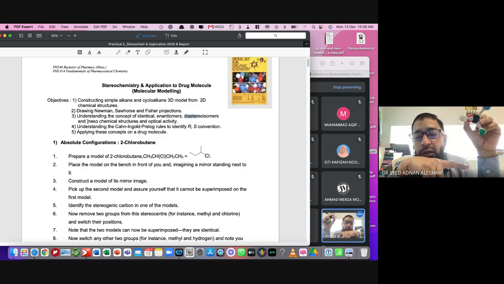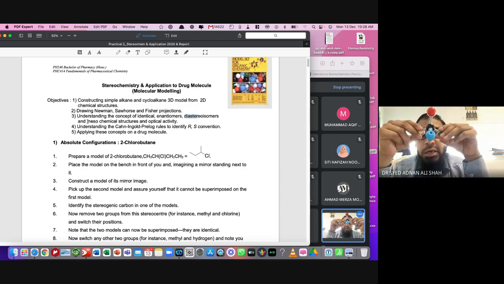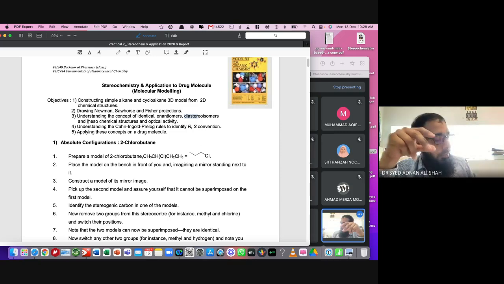That's how we can see whether the molecule has chirality or not through polarimetry. And then after this, understanding the CIP model, which is R and S. These are the absolute configuration of a molecule, right?